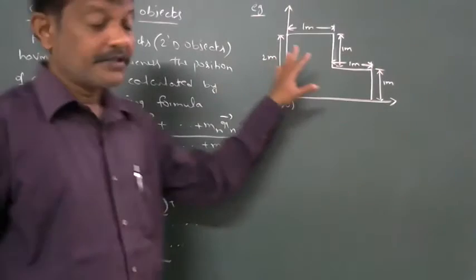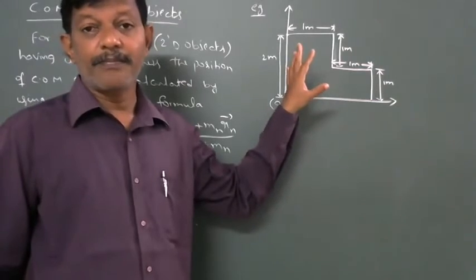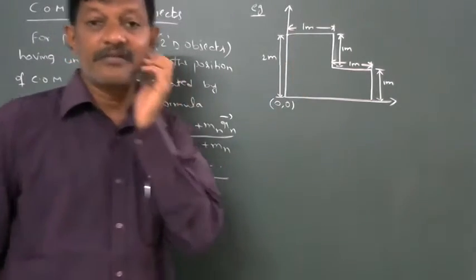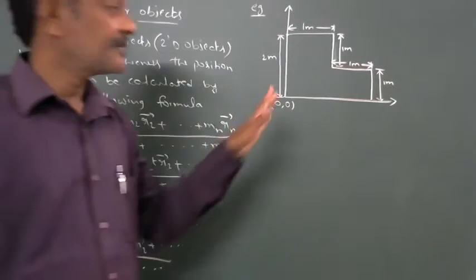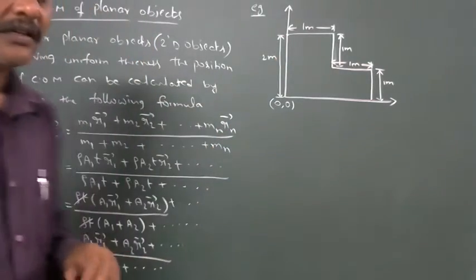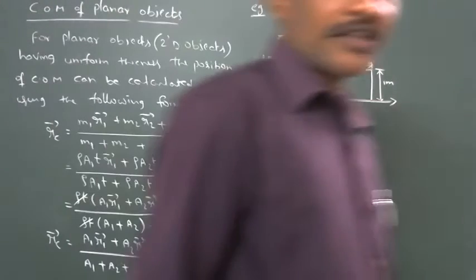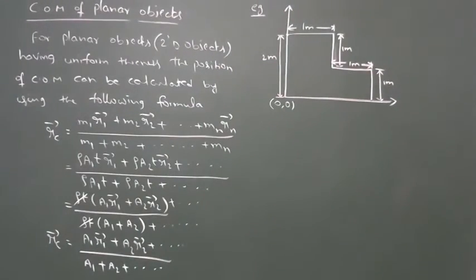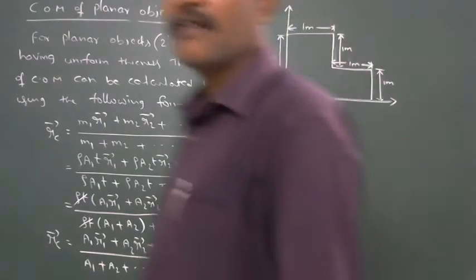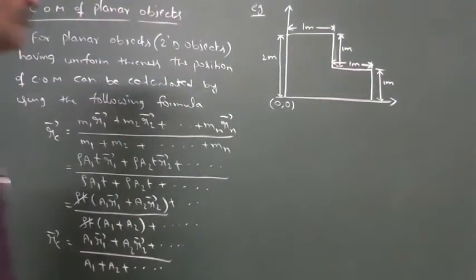This is assumed as an L-shaped sheet, and its dimensions are given. In doing such problems, first of all, let us divide the given laminar sheet into different parts. The parts must be regular geometrical figures.